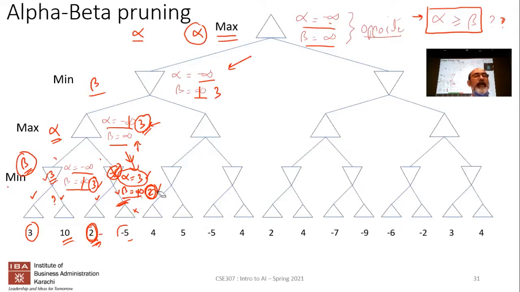Okay, at what point did you get lost? This portion, right? Okay, so when we did 3 and 10, yeah.